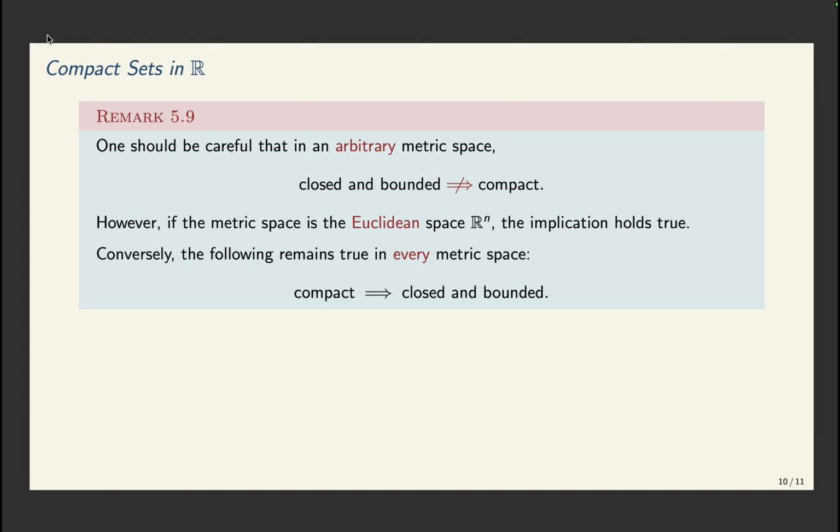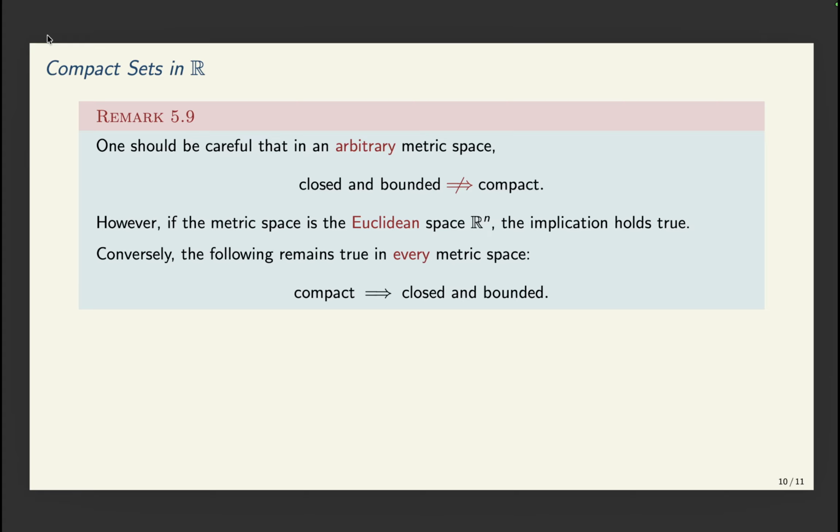Closedness and boundedness in general does not imply compactness in arbitrary metric spaces. But the other way around is always true. If you know your set is compact and you are working in an arbitrary metric space, you can still conclude that your set is closed and bounded.